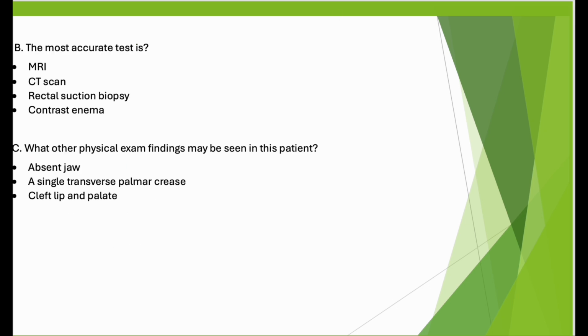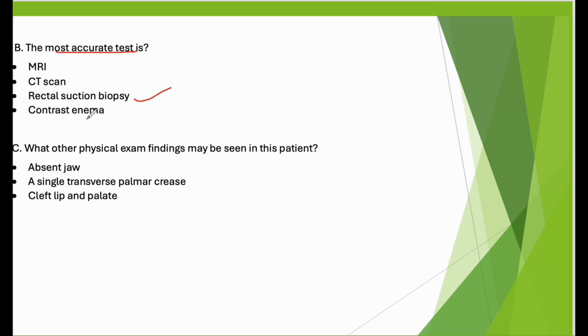The next question says, what is the most accurate test? So if you remember, we said rectal suction biopsy was the most accurate test or the gold standard for diagnosing Hirschsprung's disease. We do not do an MRI or a CT scan.